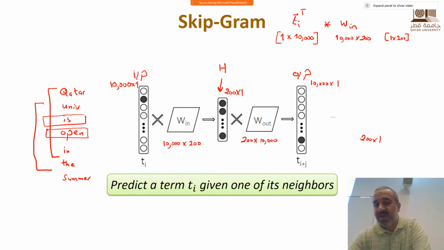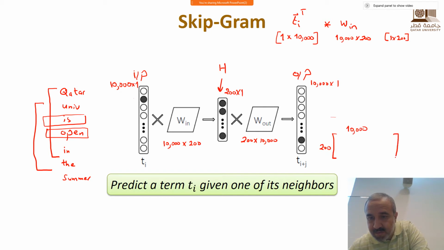Let's think about this. We have a matrix which is 200 by 10,000, multiplied by a vector which is 10,000 by 1.